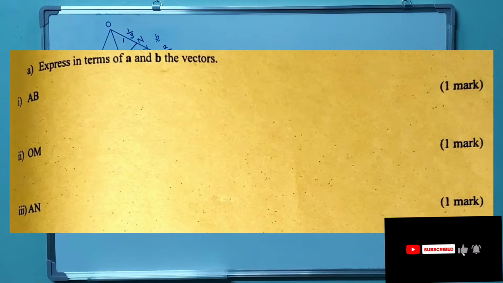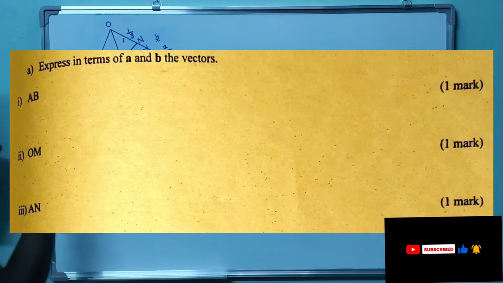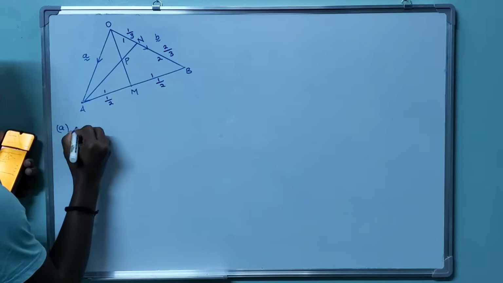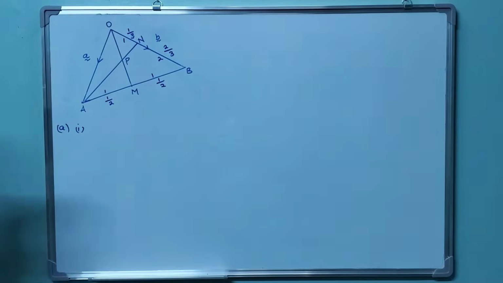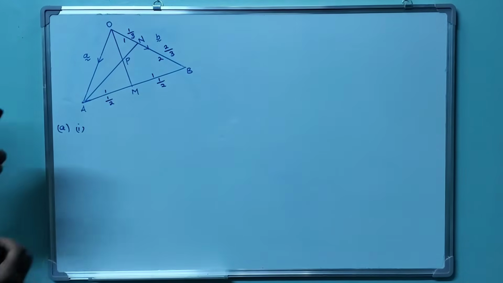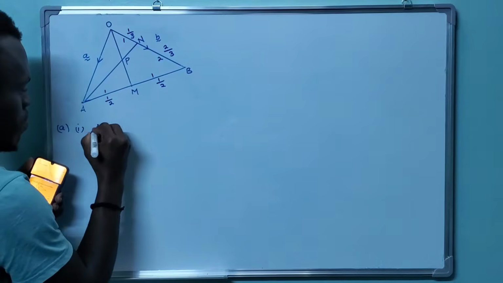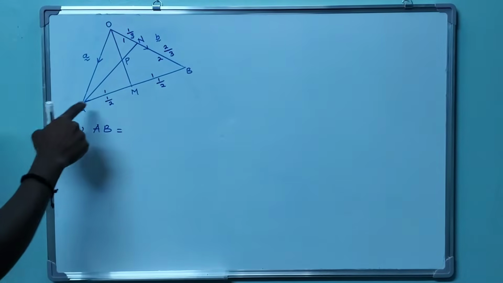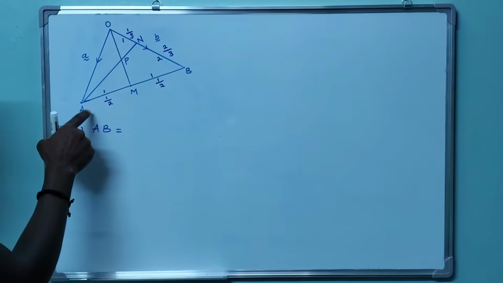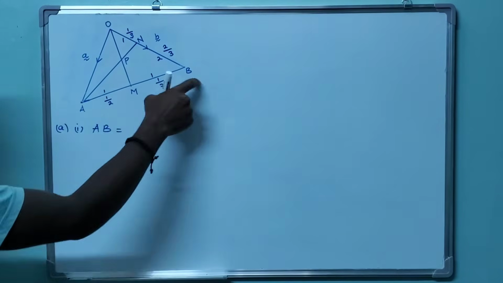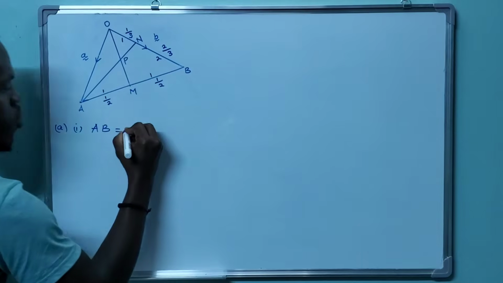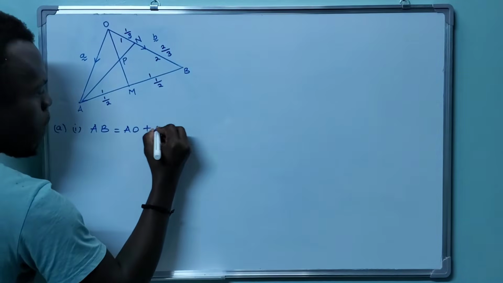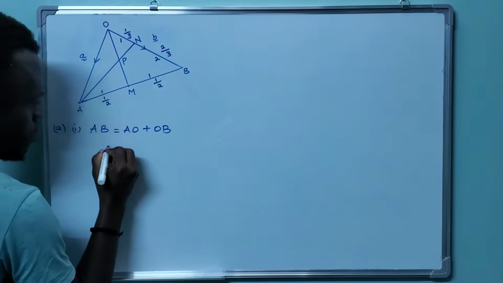Then you're being told to express in terms of vectors A and B. Roman 1, you're being told to express AB. If I want to go to AB, I'll go to AO plus OB.